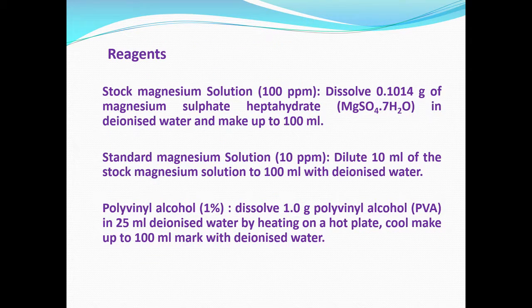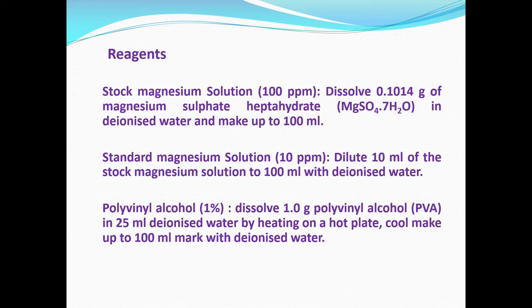So, for reagents, we include stock magnesium: we prepare stock magnesium of 100 ppm and then dilute it to 10 ppm. Then polyvinyl alcohol, again as I have been telling you, we add it to stabilize the precipitate or lake. Usually 0.1% is more than enough.